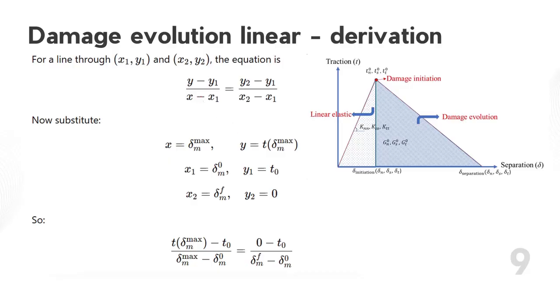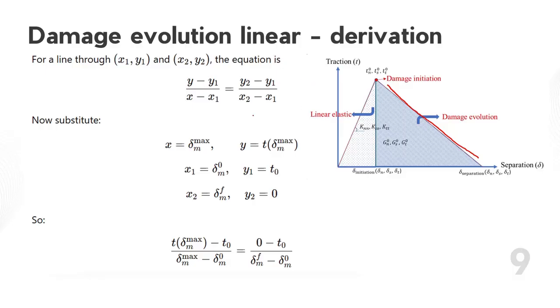Actually, you can start from the equation of the line in general, and once you substitute some variables in the equations in the numerator and denominator, you can just describe this curve, this descending branch.